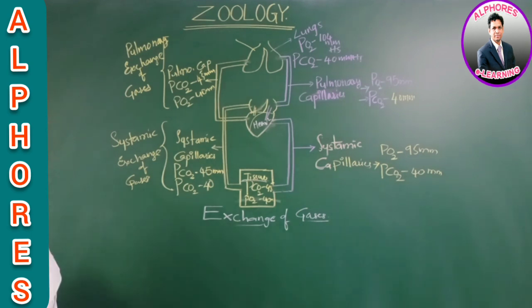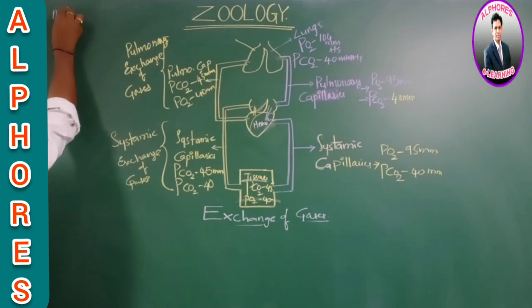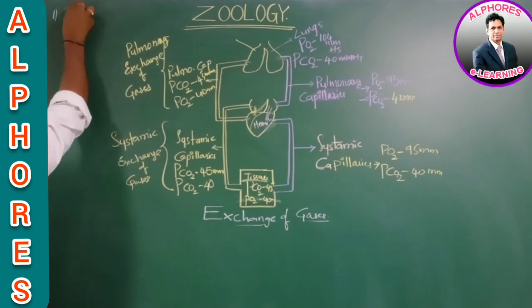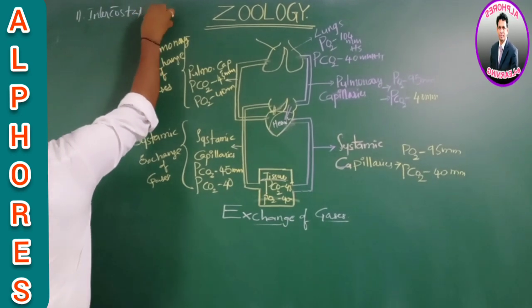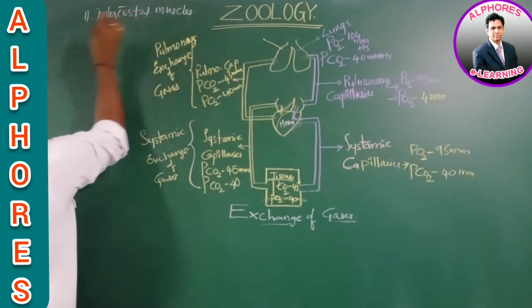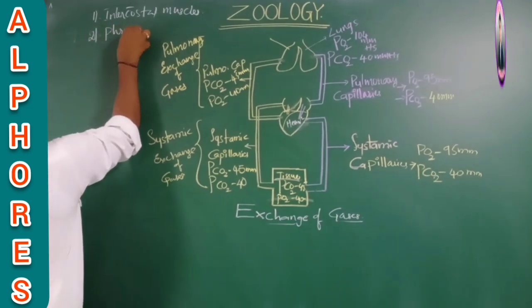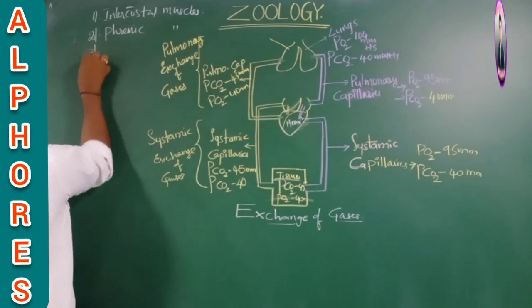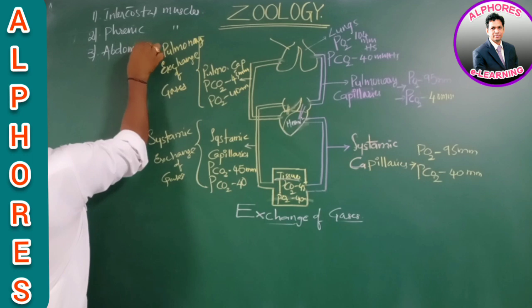The muscles that assist in respiration are said to be the intercostal muscles, the phrenic muscles, and the abdominal muscles.